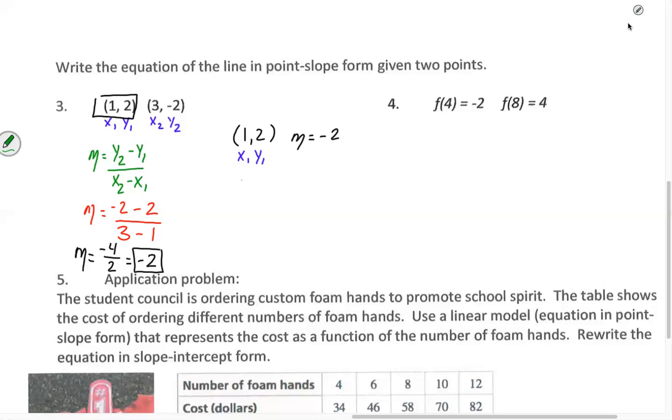Write my equation. And then I substitute. So I get y minus 2 equals -2 times x minus 1. Pretty straightforward. There's not too much to it.